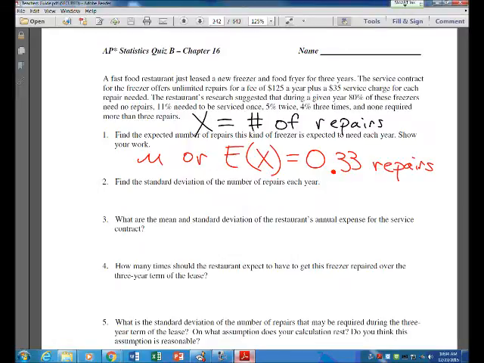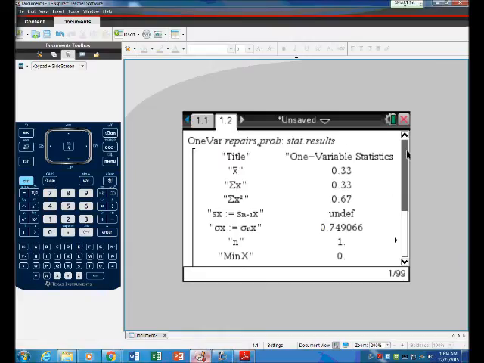So I know you're very excited because you probably saw on the calculator output that when it's asked us to find the standard deviation for the number of repairs, you don't have to do it by hand. If you go to the calculator, you can see our sigma. Notice SX, we're not using that one, that's what we used last semester.